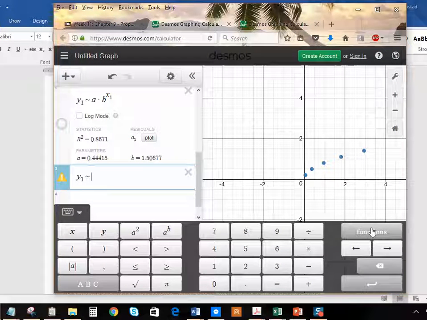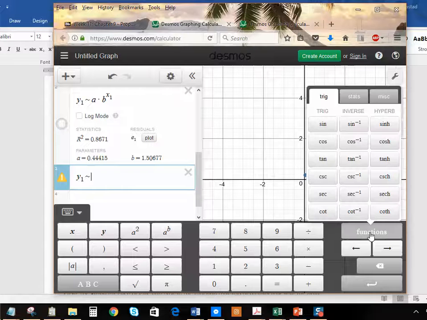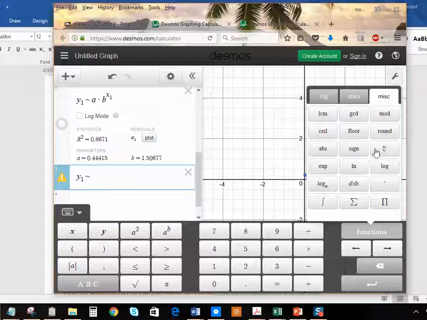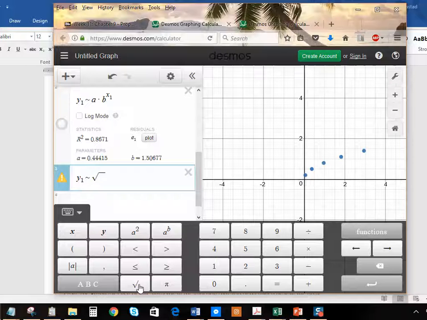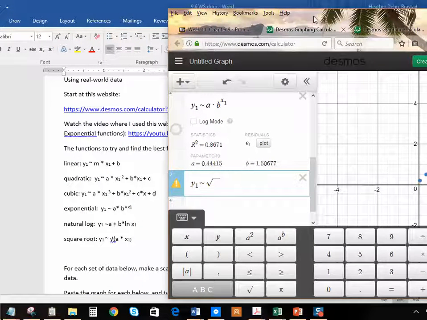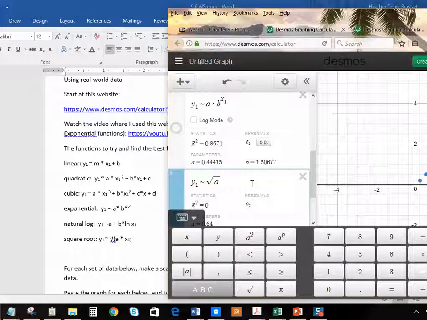Show the keypad, because over here there's some different functions, and we might find what we need there. And we see there's different square root functions here. However, there's also a square root key, so I just need that. So I'll use that. But there were some different things there if I couldn't find what I needed. So I need the square root of a times x sub 1.